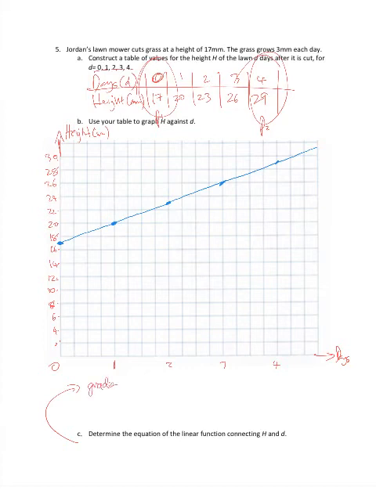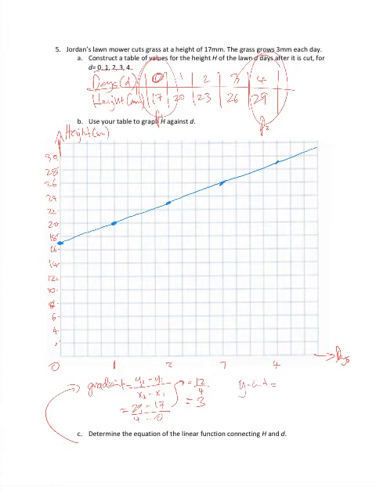Gradient is y2 take y1 over x2 take x1. The y coordinate of my second point is 29, and of the first point is 17. The x coordinate of the second point is 4, and of the first point is 0. So 29 take 17 is 12, and 4 take 0 is 4. 12 divided by 4 is 3. That's the gradient.